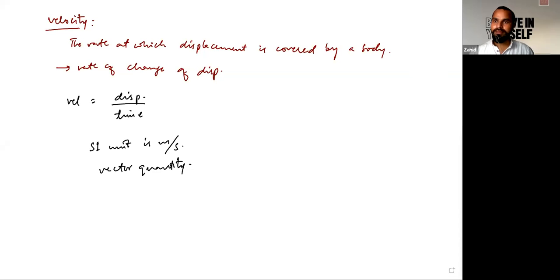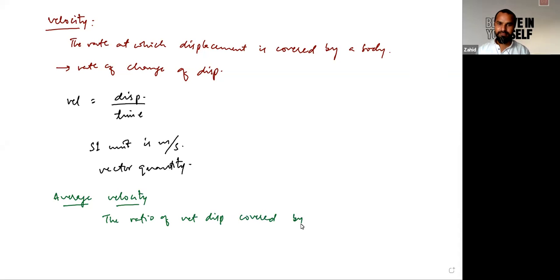There is another term: how to calculate average velocity. Similarly to average speed, average velocity is the ratio of net displacement covered by a body to the total time taken.